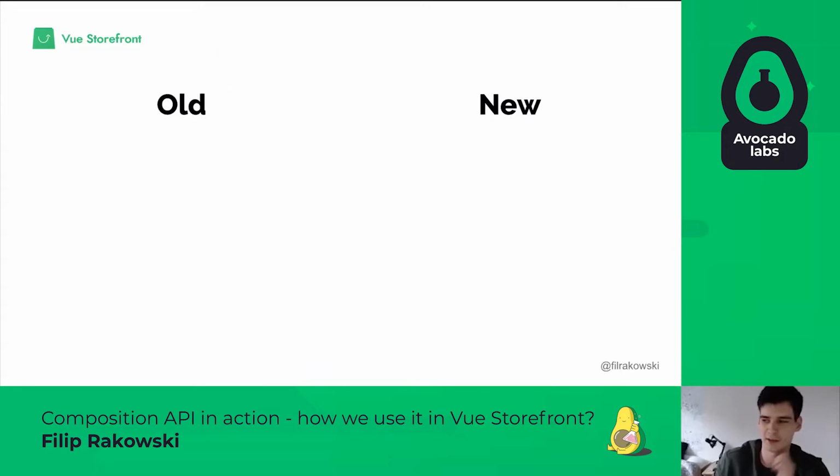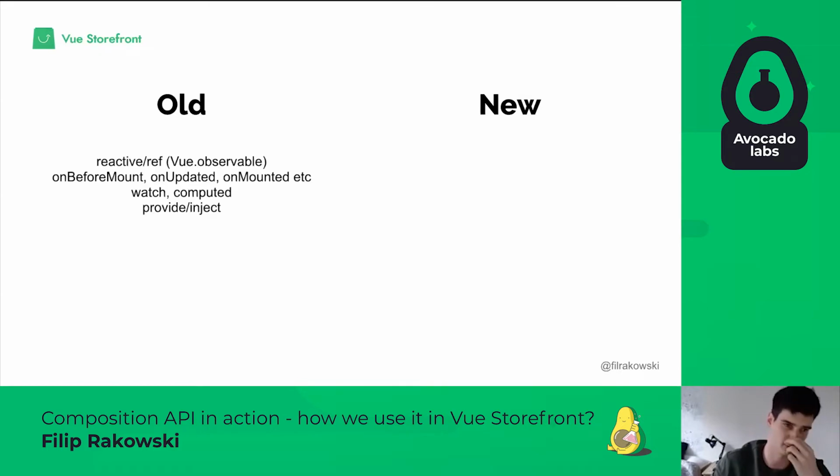We can divide Composition API functions into two groups. The old ones that are kind of syntactic sugar for currently existing Vue APIs, and new ones that are bringing some additional functionalities and also helping us work with the old ones. The old ones are reactive and ref, which are meant to create observable and reactive objects for properties.